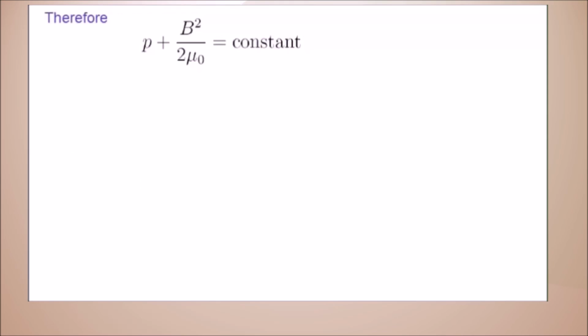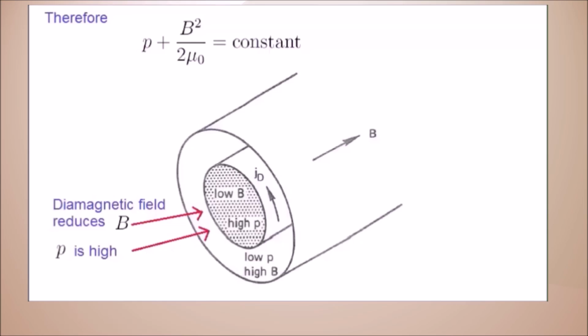Keeping the two pressures constant has implications for the pressure inside a plasma. Take this cylindrical plasma where the magnetic field is along its axis. Assume the plasma has a high enough density such that you get significant diamagnetic fields in the center as shown. That means the magnetic field at the center will be reduced.